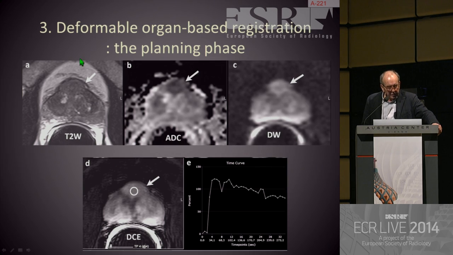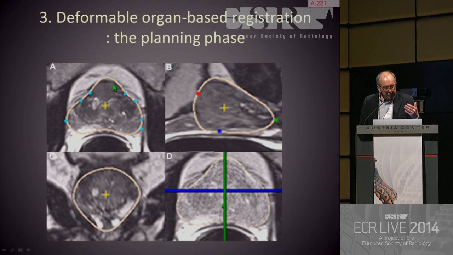An example, the planning phase of TRUS image registration with the elastic deformation. Here is the lesion anteriorly located. It's dark. It's bright on diffusion. It's hypervascular. So the first part of the registration consists of applying a mesh of thousands of points, a statistical shape mesh, and then you adjust the mesh so that it fits the contour of the prostate by placing a couple of points.